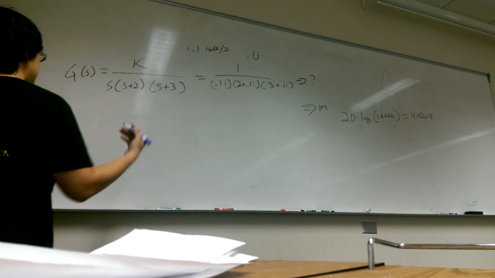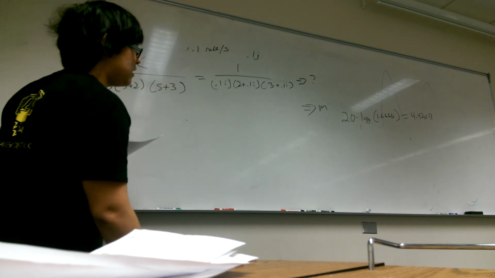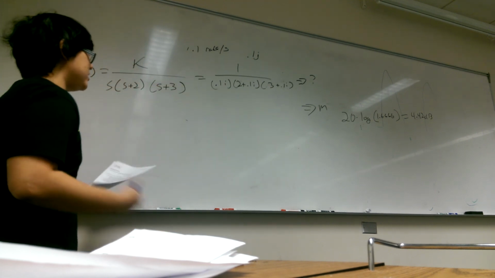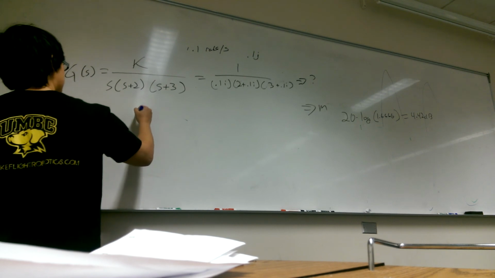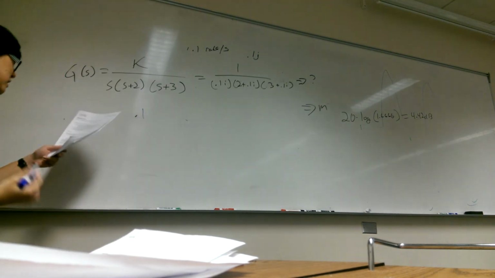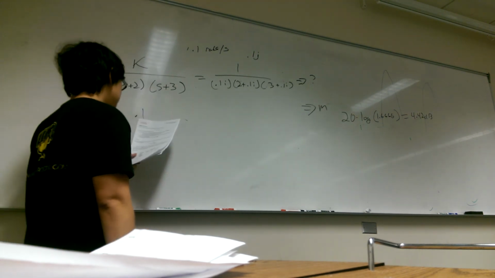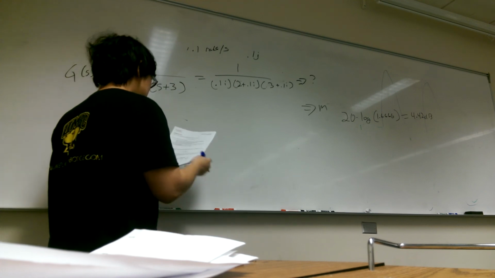We know the initial gain is 4.42. So let's start off with our initial frequency. We have an initial frequency of 0.1. That's just where the graph starts, at 0.1.